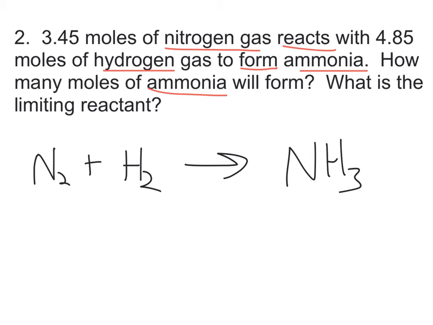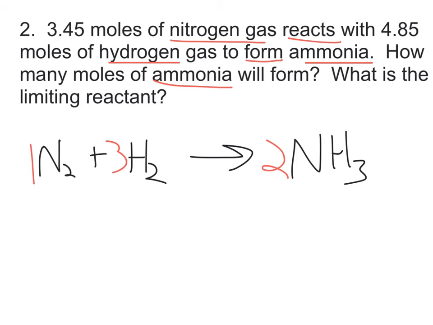Balance this puppy up. I have 2 nitrogens on the left and 1 on the right, so I need a 2 here to balance the nitrogens. That 2 gives me 6 hydrogens on the right, 2 on the left. I need a 3 to balance my hydrogens, which must mean that there's a 1 in front of the nitrogen. Check with yourself to make sure that's true.